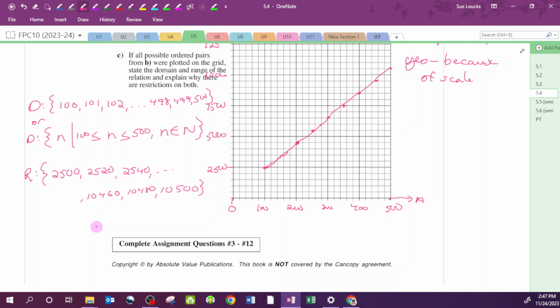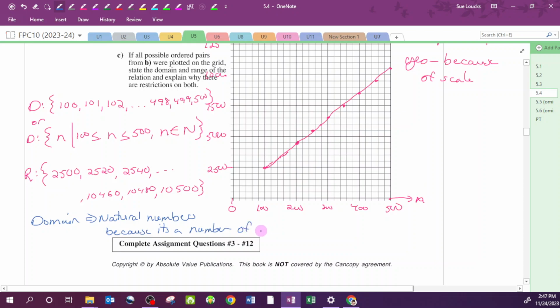So that's my range. I'm just going to write down here that my domain is natural numbers because it's a number of people. Since you can't have 0.003 of a person, you're restricting it to the natural numbers.